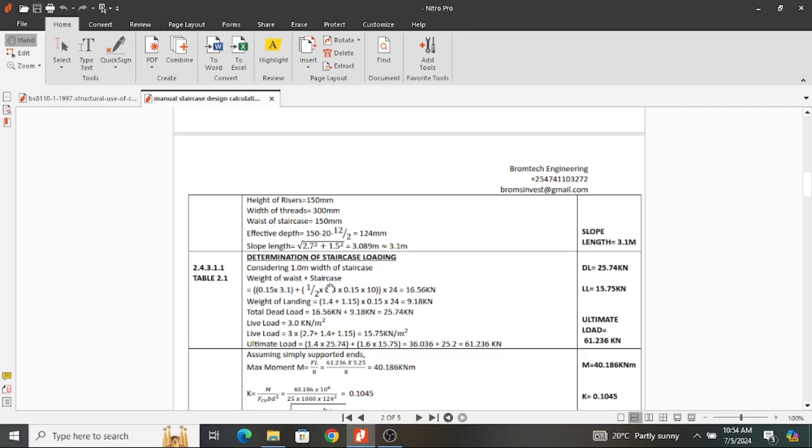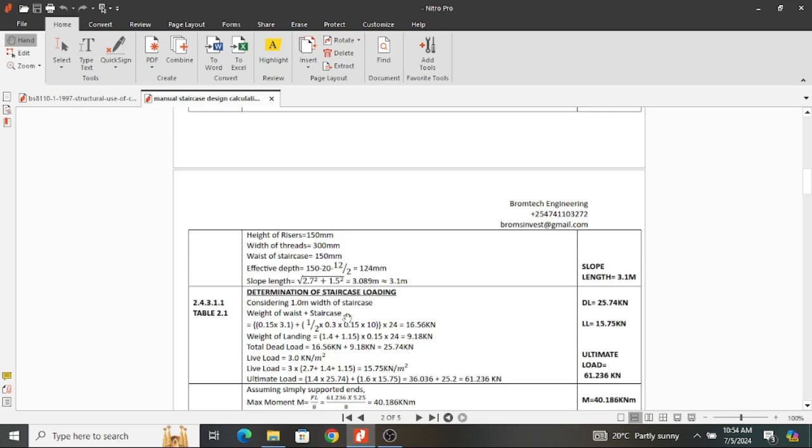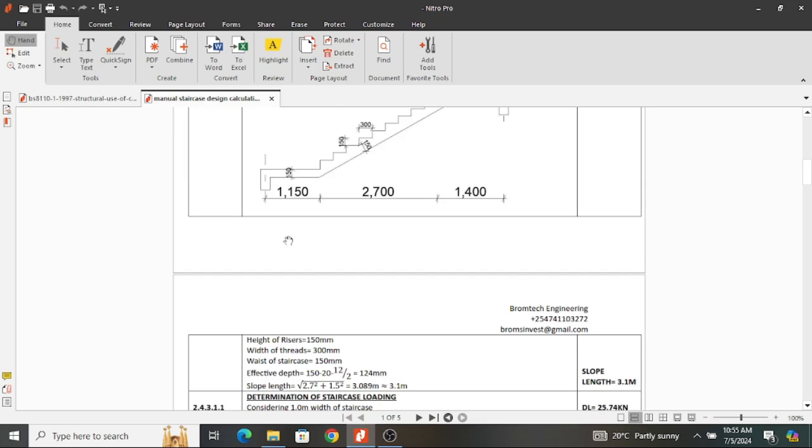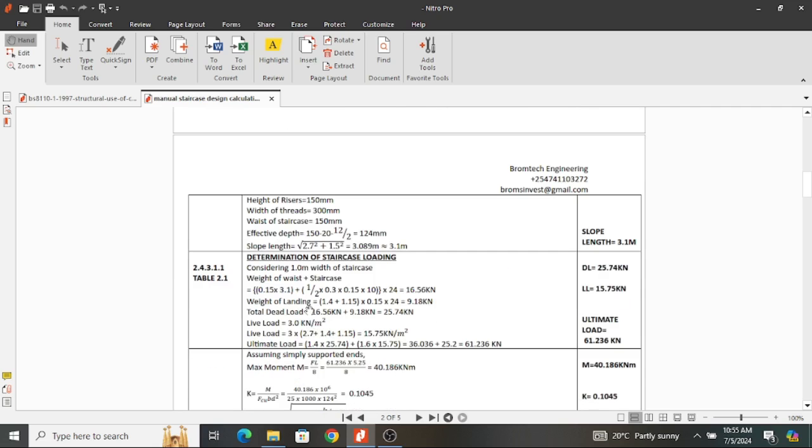But remember, the width of our staircase is 1200 millimeters wide. So we are just using 1 meter so that it makes it easier for calculations, and also when we design slabs per meter squared. So that is why we are considering this 1 meter.